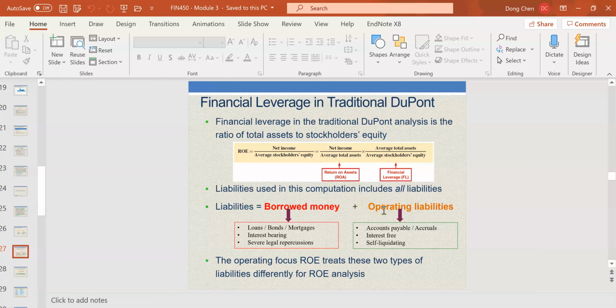These two liabilities may have very different implications.